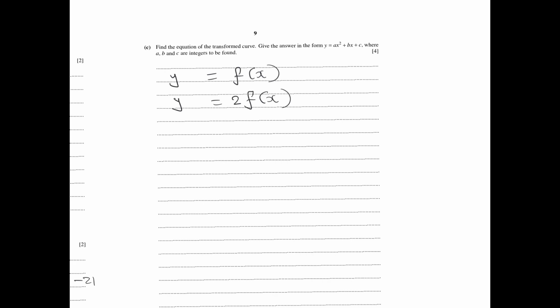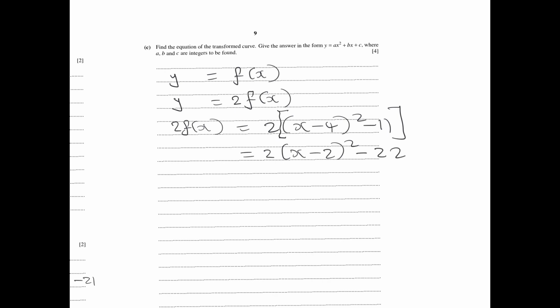So remember, we are talking here of 2 f of x, but what was f of x in the completed square form? We said it's x minus 4 squared minus 11. So if that is multiplied by 2, what are we going to get? This 2 multiplies the bracket, it doesn't open the bracket, it just stays like that because it's locked by the square. And then 2 times negative 11, we get negative 22. So that is the function after stretch.